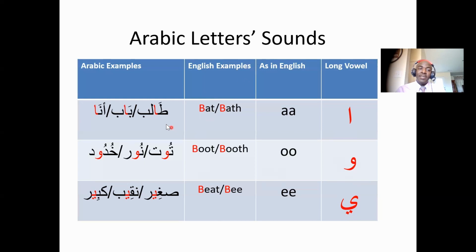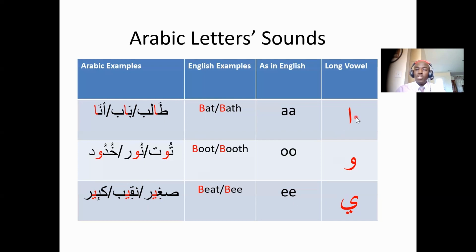For instance, here's the letter ta and here's the alif. Here's the letter ta and here's the waw, and here's the letter ghain and here's ya. In Arabic, the sounds of the letters are determined by either the long vowels or the short vowels.